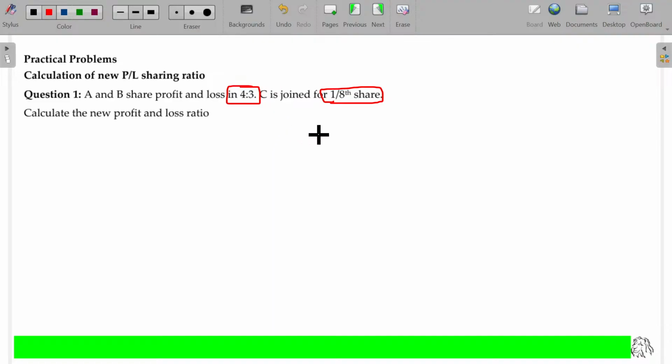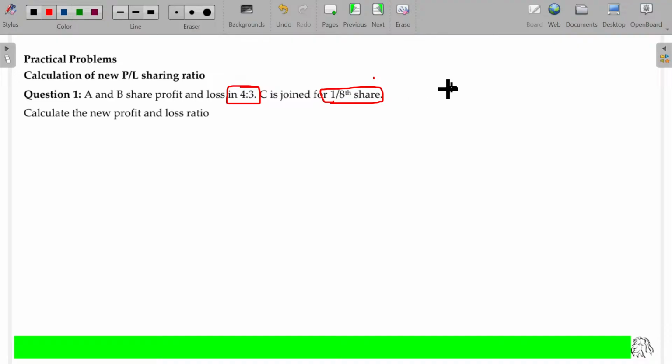In this type, where the new partner's share is given without any information regarding how it is received from the old partners, and the new ratio is also not given, this will be considered as type 1.